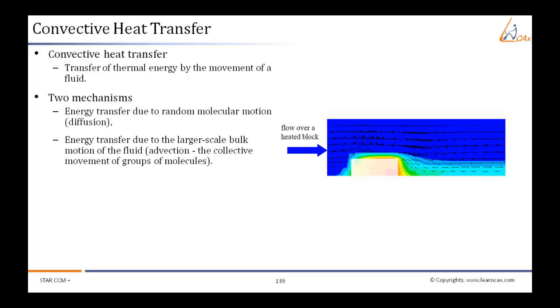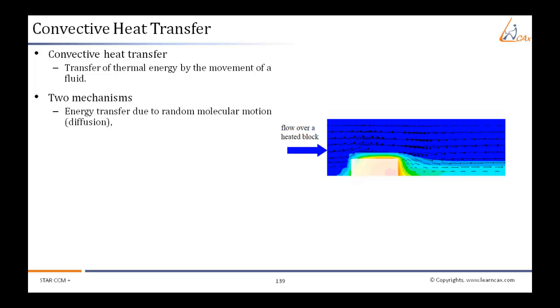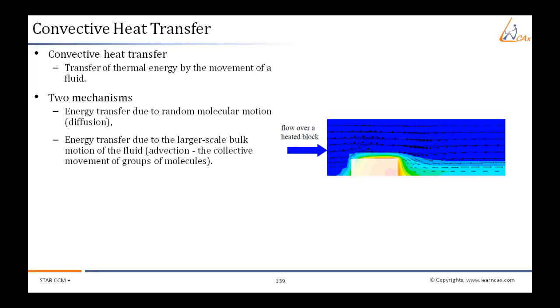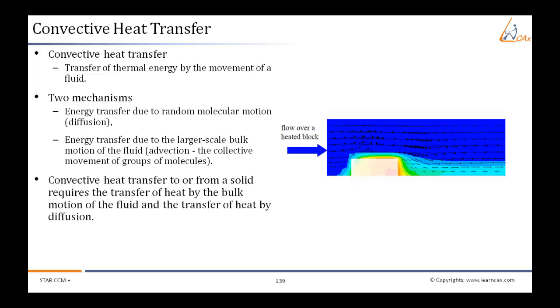Convective heat transfer comprises two mechanisms: energy transfer due to random molecular motion, that is diffusion, and energy transfer due to the larger scale bulk motion of the fluid, that is advection, which is the collective movement of groups of molecules. Convective heat transfer to or from a solid requires the transfer of heat by the bulk motion of the fluid and the transfer of heat by diffusion.